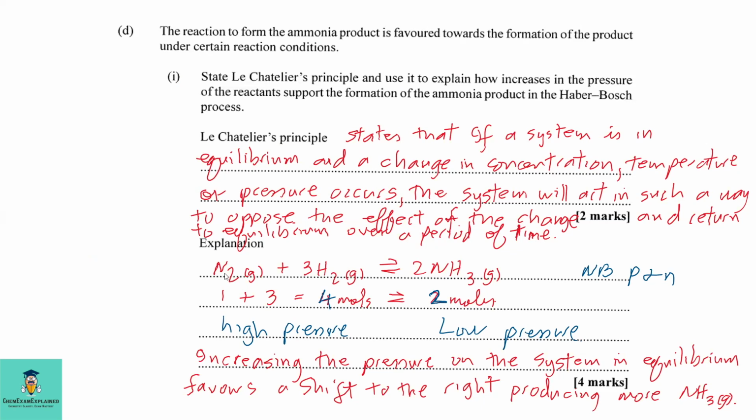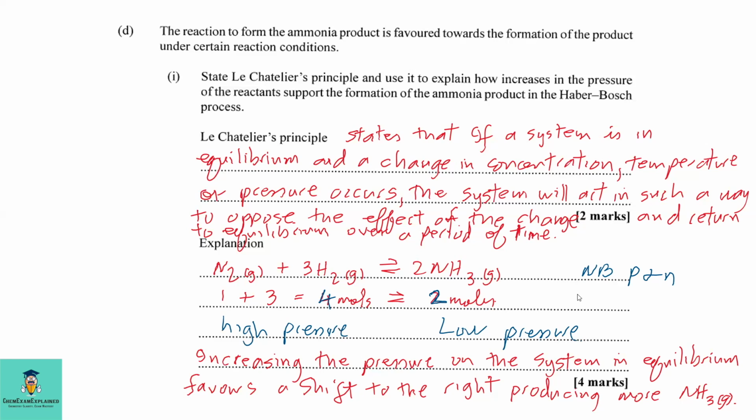Here we see that we have 1 mole of nitrogen and 3 moles of hydrogen, which gives us 4 moles of gases on the left-hand side. On the right-hand side, we have 2 moles of ammonia. So on the right-hand side, where we have the lower number of moles, that would give us the low pressure, and the left-hand side, with the higher number of moles, would give us the high pressure.